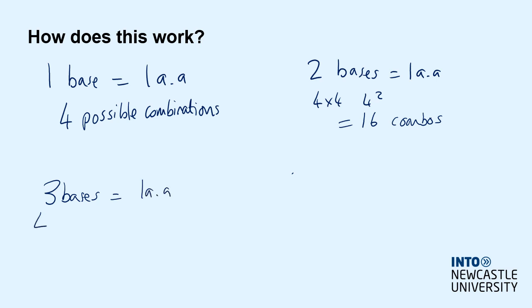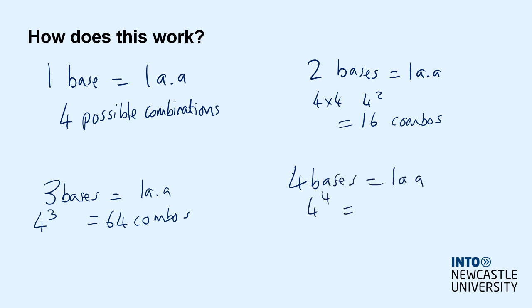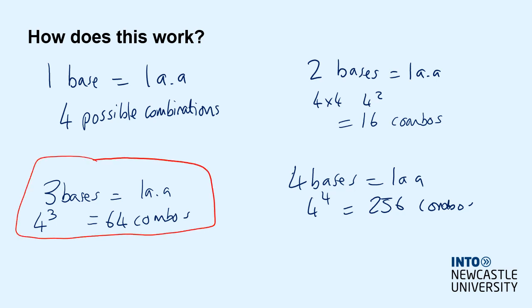Now this would be 4 to the power 3. So this is 64 combos. Now this is good. We've got at least 20, and we've got some extras. That's great. If you look at 4 bases, we're getting into crazy numbers of extras. So this would be 4 to the power 4, which is 256. So that's too much. We now know that 3 bases code for 1 amino acid.